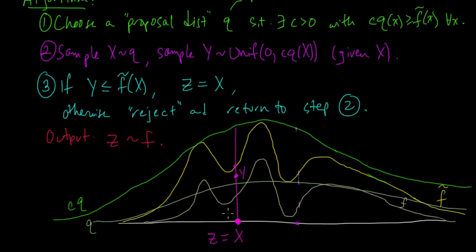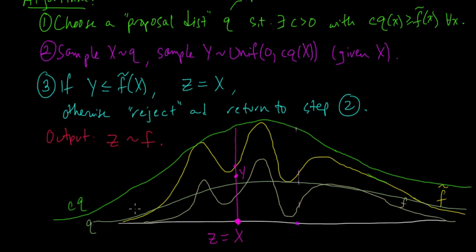The basic idea is that we're drawing these samples from this proposal distribution. We're drawing these proposals, and then we have a random criterion for rejecting. That criterion is more likely to accept when the true distribution is large, and less likely to accept when the true distribution, represented through f tilde, is small.